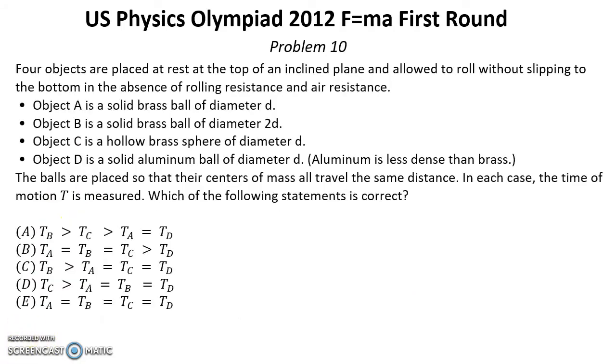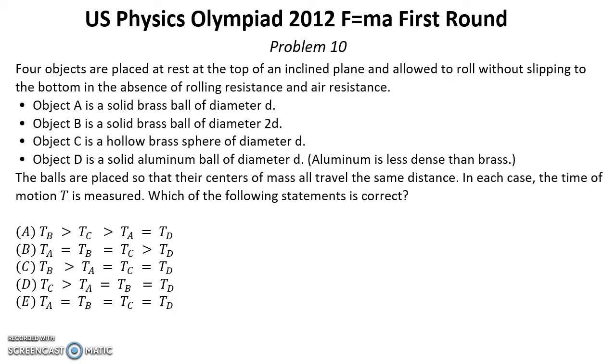Problem number 10. Four objects are placed at rest at the top of an inclined plane and allowed to roll without slipping to the bottom in the absence of rolling resistance and air resistance. Object A is a solid brass ball of diameter d. Object B is a solid brass ball of diameter 2d.